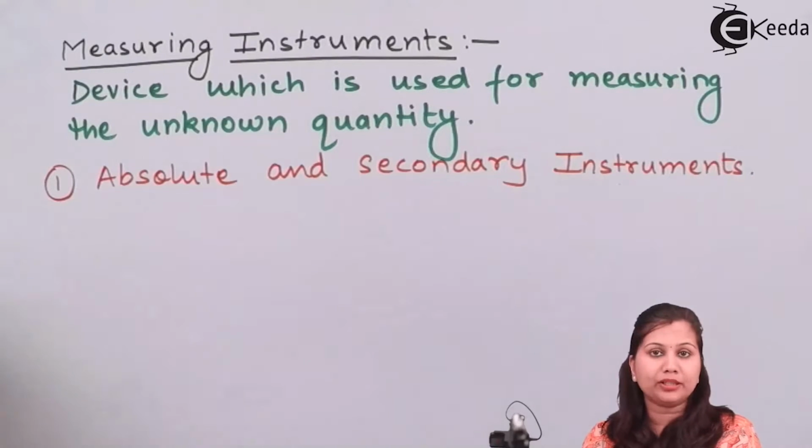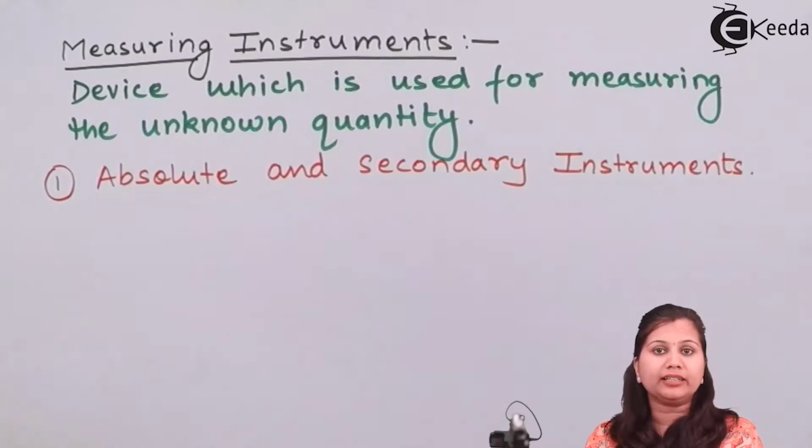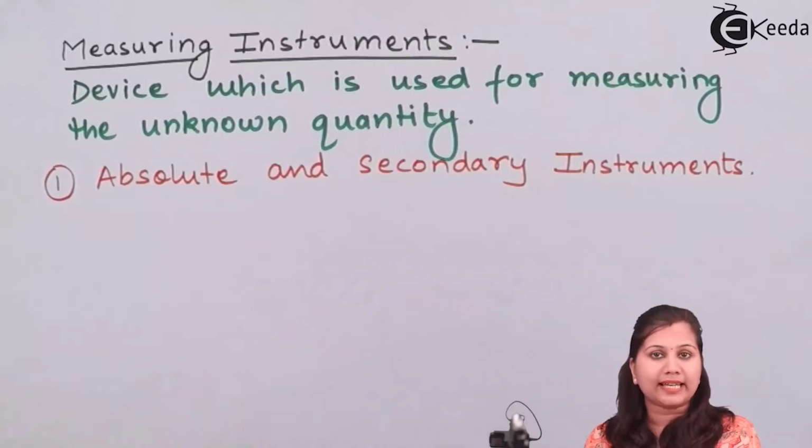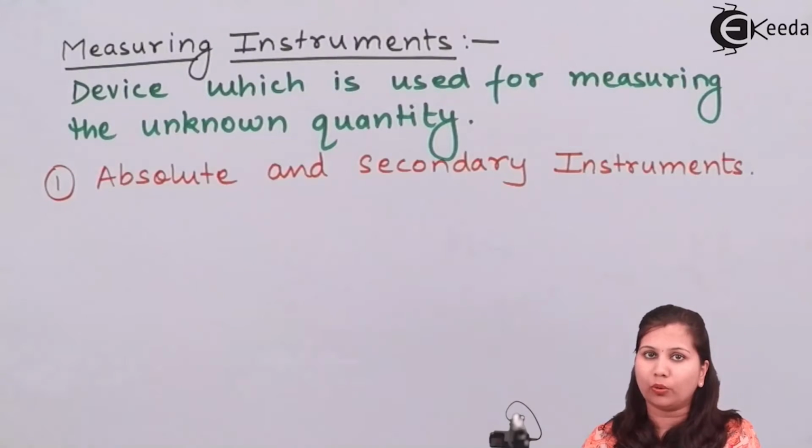In an absolute instrument, the result of the measurement of the unknown quantity is obtained in terms of the constants of the instrument. We are not directly reading the values of the unknown quantity. Whereas in a secondary instrument, we directly measure the value of the unknown quantity.